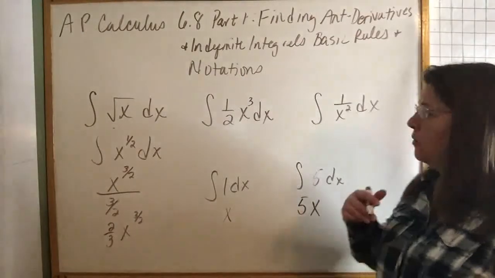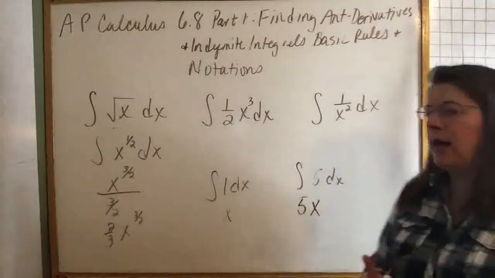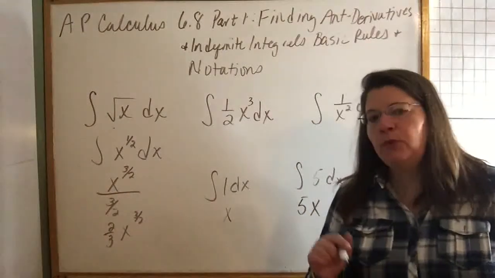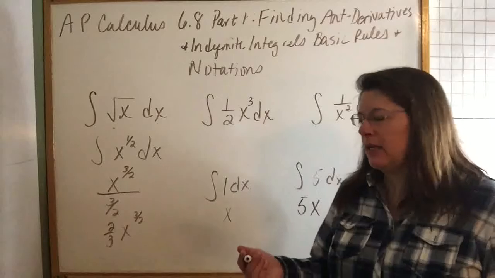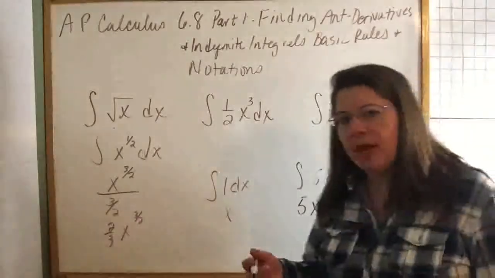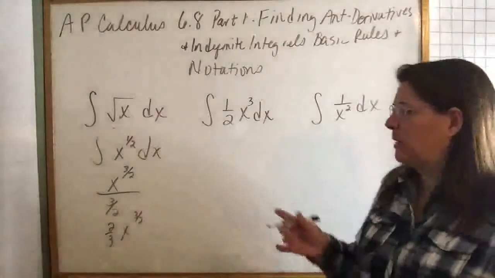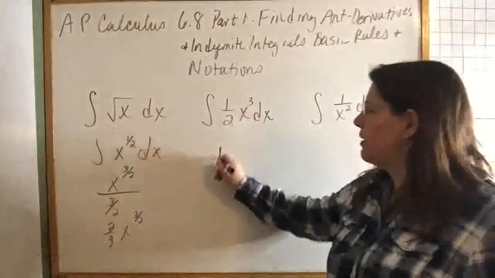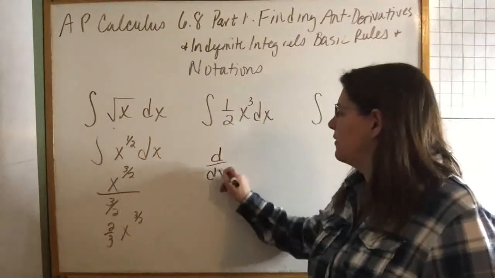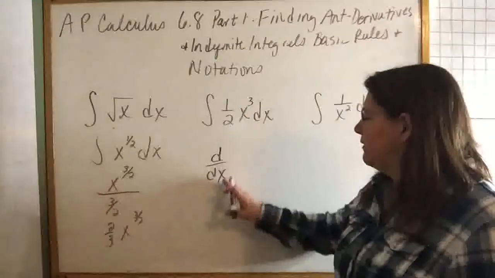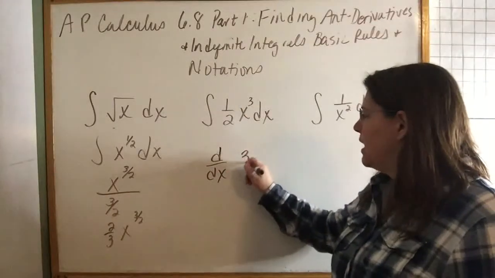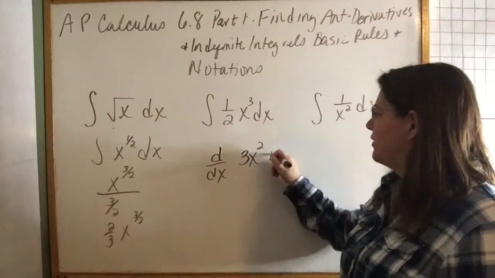We also need to think about what has happened if we had a function originally start out with some constants. I don't want to go any further before I introduce this because this is extremely important. If I have something like this, d over dx, find the derivative of 3x squared plus 10.